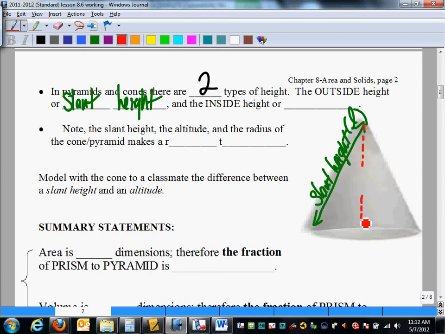You want to dot it because technically you can't see it. Make a right angle. That's called the true height. It's also known as the altitude. We use an H for the true height. True height and slant height. There are 2 different heights when you go to pyramids and cones. Now, they both mean something different.